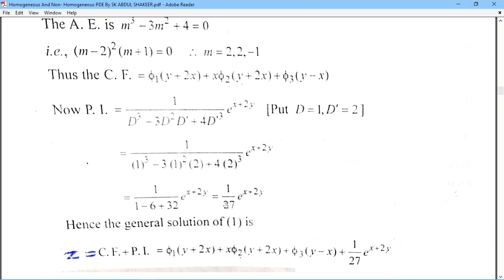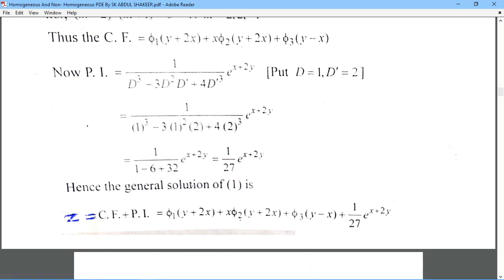Clearly it is a non-zero number, so it is the required particular integral. Now adding these two solutions, we get the complete solution, or general solution, or complete integral. So it is easy: for the particular integral, just replace D equal to a and D dash equal to b whenever the denominator value is non-zero. If the denominator is 0, we will see in the next sum.